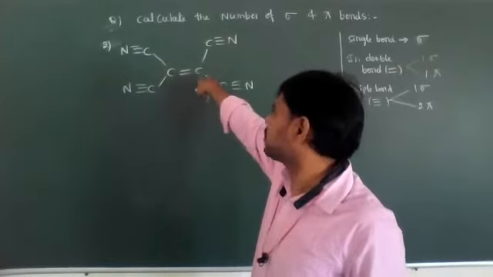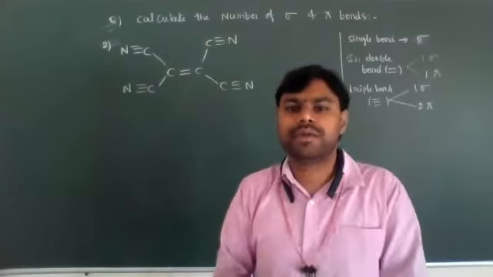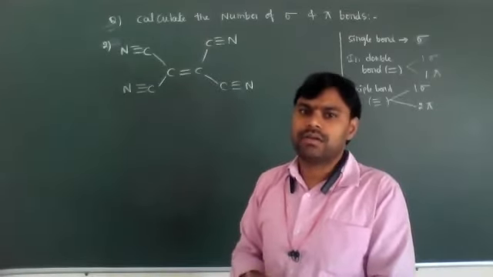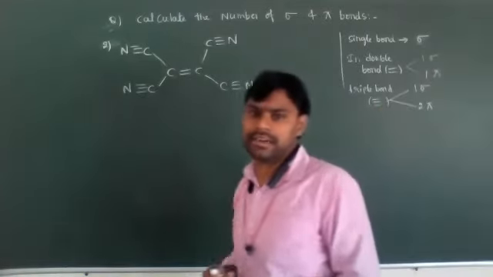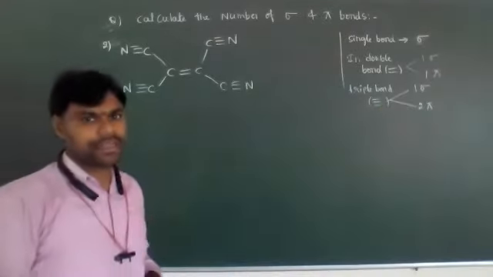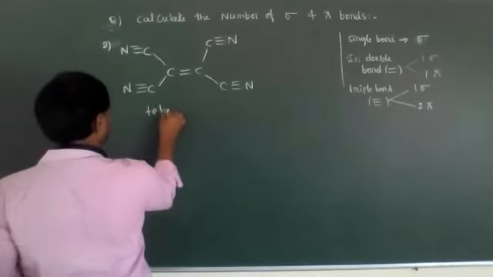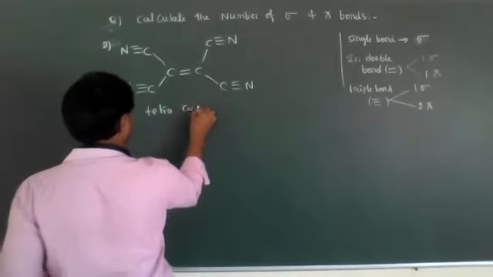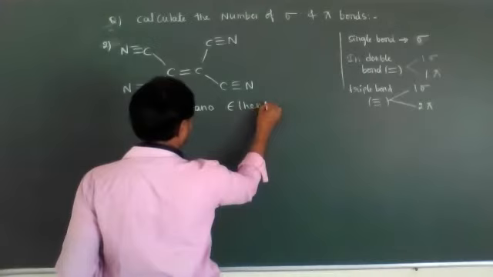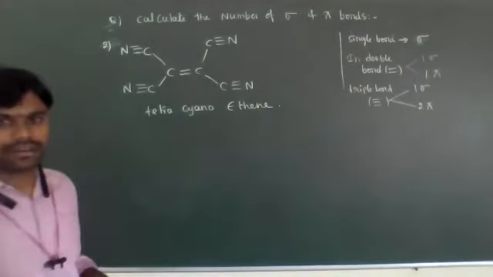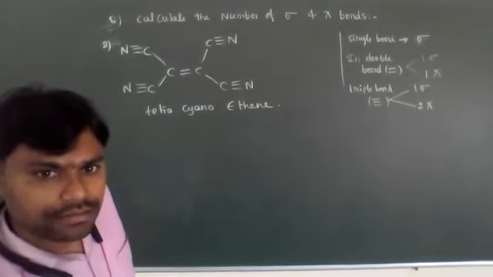In that ethene, in place of the hydrogen atoms, a CN group is present. CN means carbon and nitrogen having a triple bond are present. So in this compound, how many sigma and how many pi bonds are present? Let me know. Tetracyanoethane. Tell me, anyone answer.